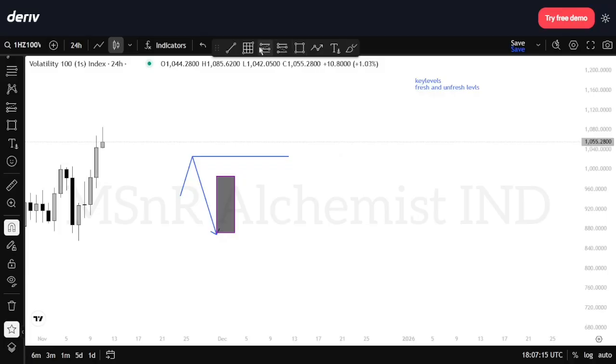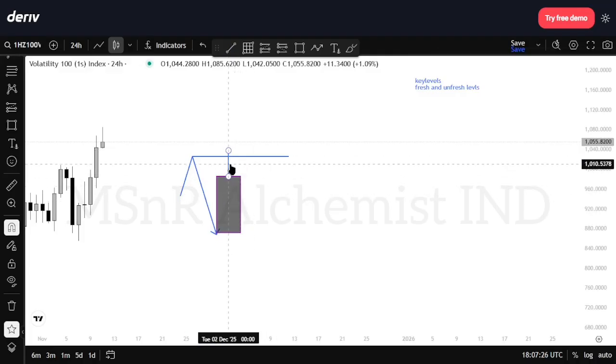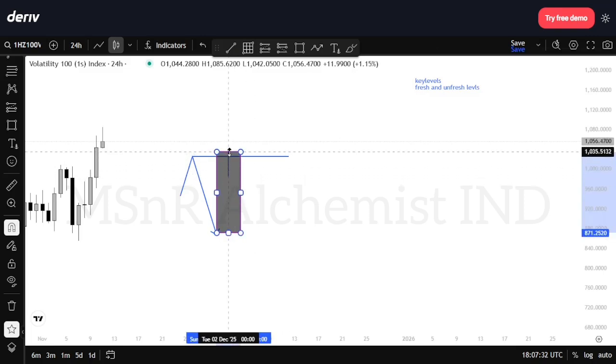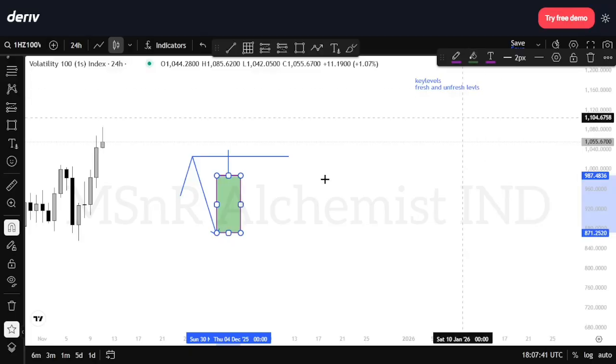The farther the candle moves, the more it becomes the wick of that candle. So if the candle goes right till this and comes back here and closes here, it's a bullish candle, don't confuse it.